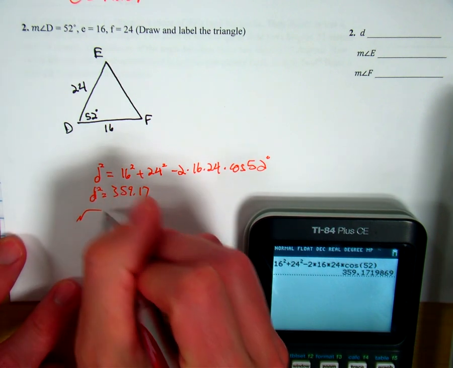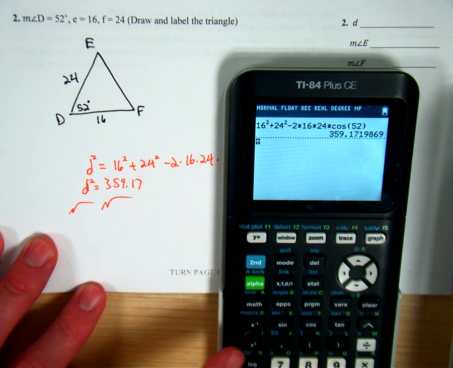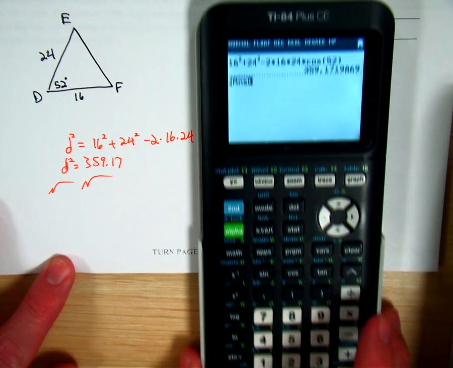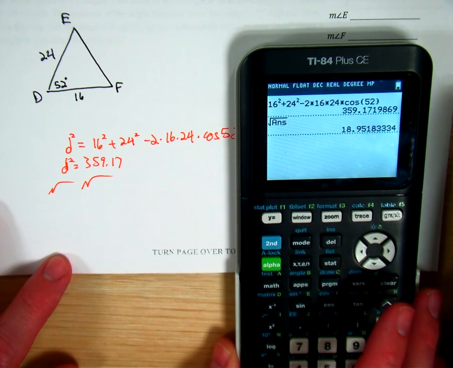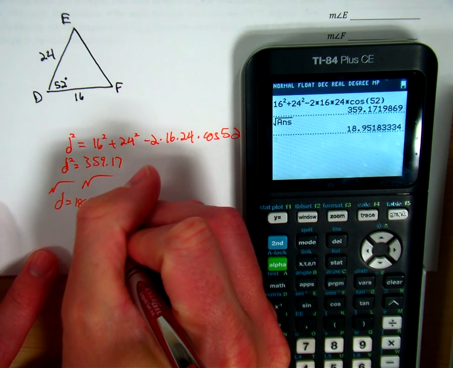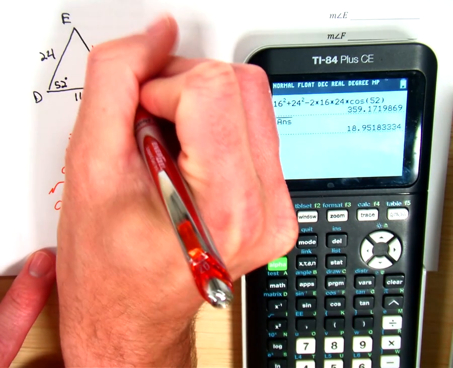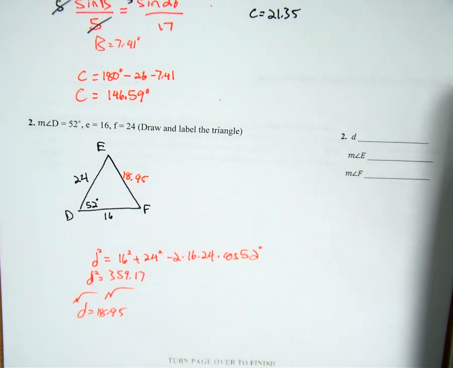And then I'm going to square root. And when I square root, I'm going to go second square root button, second answer button again. Getting a lot of use out of that second answer. 18.95.